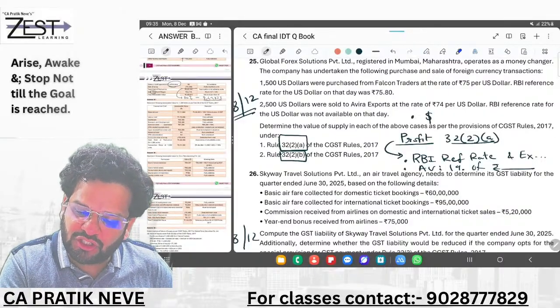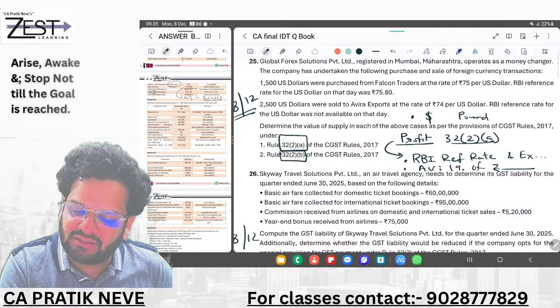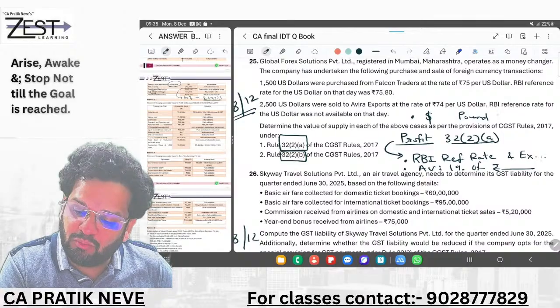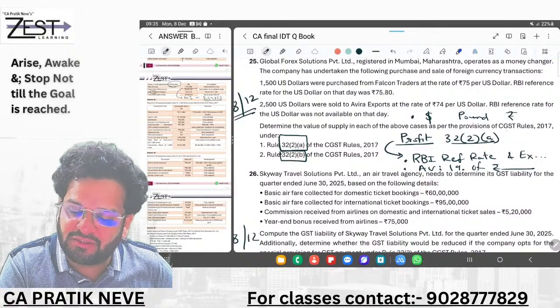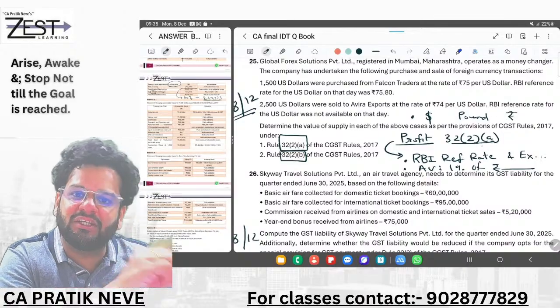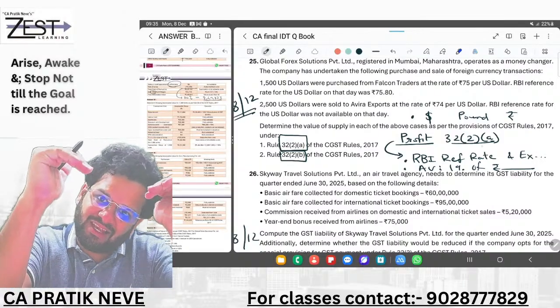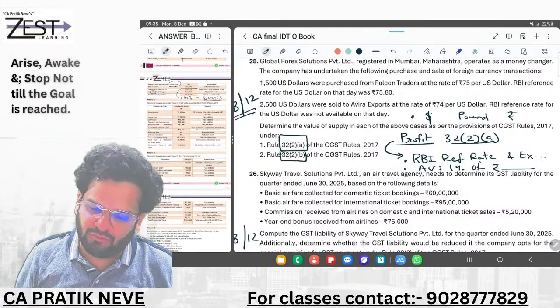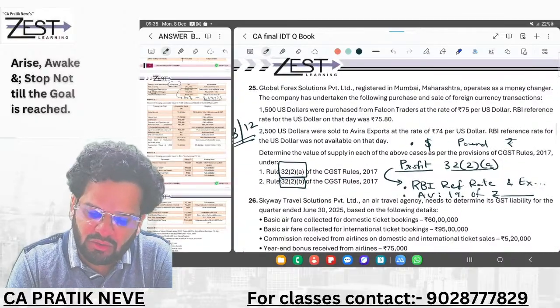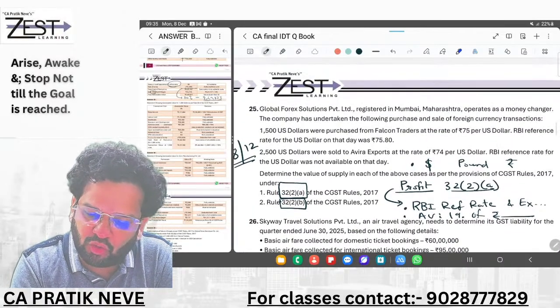Then you should check dollars, pounds, as the case may be, whatever it is. Dollars and pounds, both you should convert in rupees. Take 1% of both, and whichever is less will be assessable value. So now I'll guide you. So first let's focus on 32.2a.